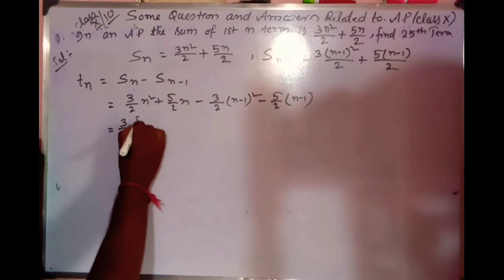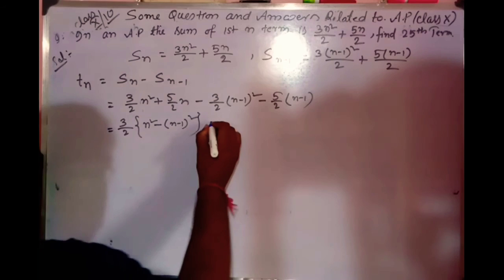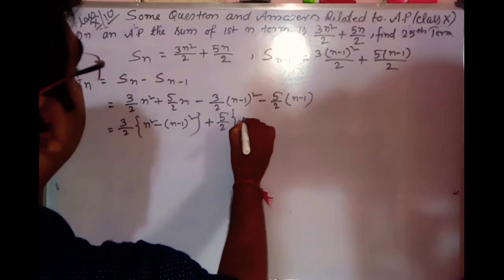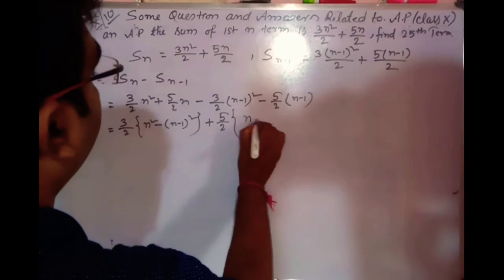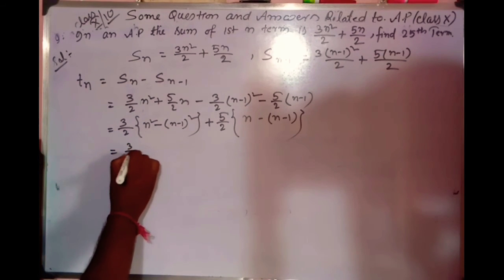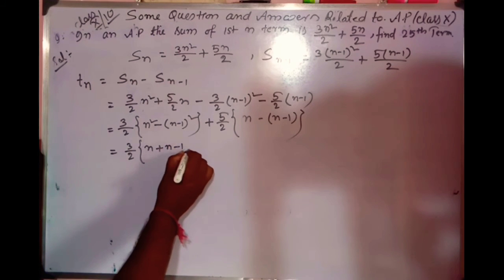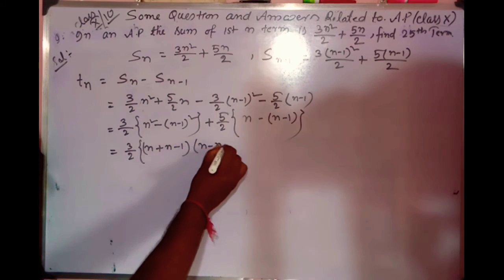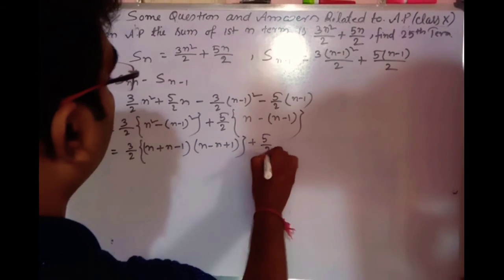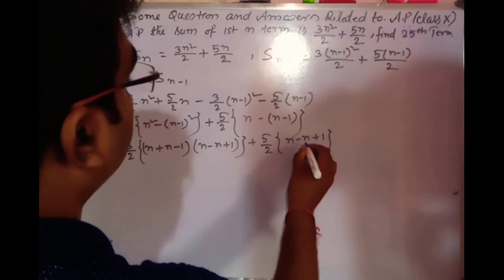So this is 3 by 2 into n square minus n minus 1 square, plus 5 by 2 into n minus n minus 1. 3 by 2 into n plus n minus 1 and n minus n plus 1, plus 5 by 2 into n minus n plus 1.